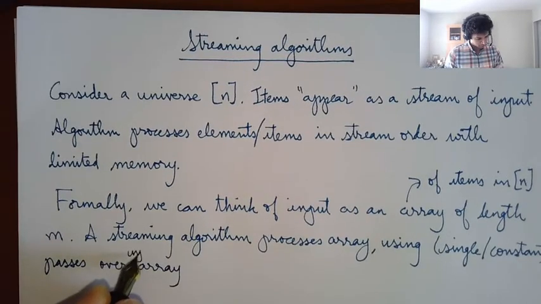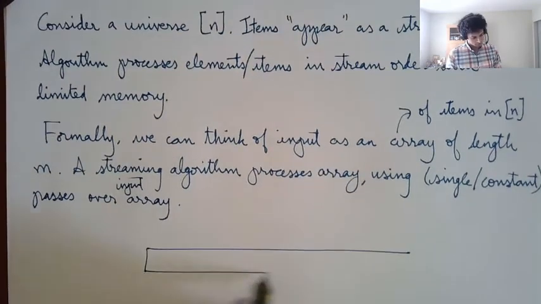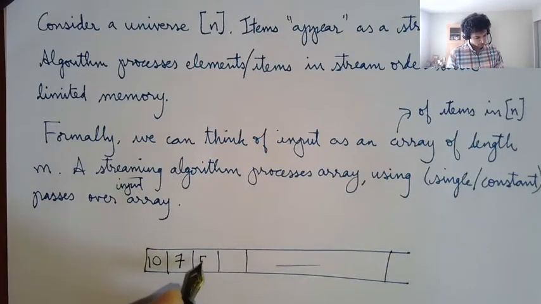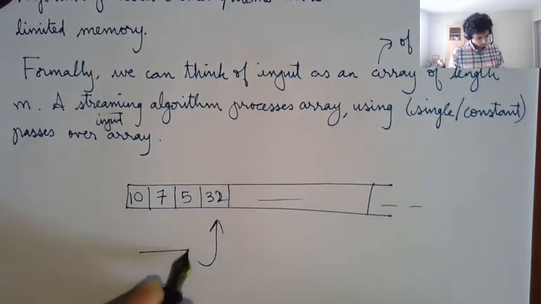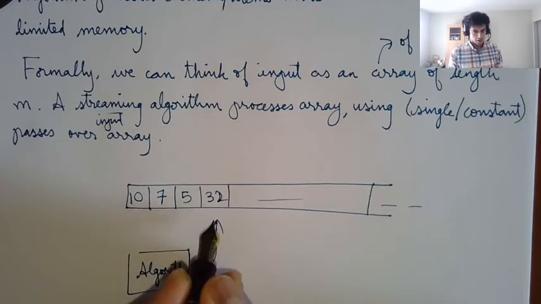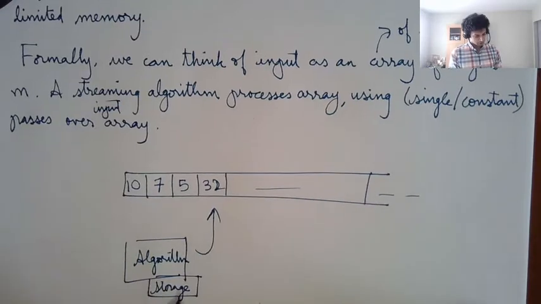So pictorially, here's your input array. It has a collection of elements, and your algorithm passes over the elements one by one. It has some limited storage here, which we typically assume is much smaller than m or n.